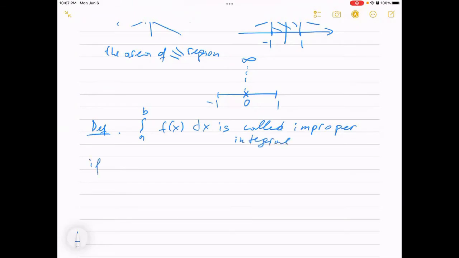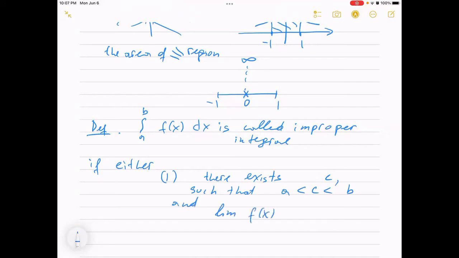If actually there are two possibilities. Either, first, there exists c such that c is between a and b, and the limit of f of x as x approaches c equals plus or minus infinity.